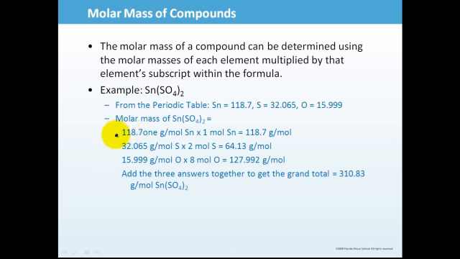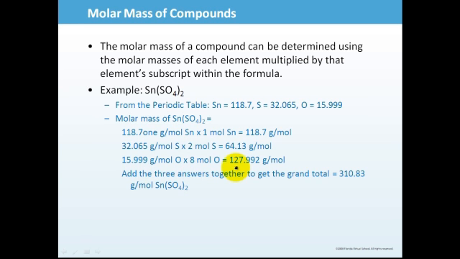So for our math, we have 118.7 grams per mole of the Sn, the tin, times 1 equals 118.7. For the sulfur, it was 32.065 times the 2, so the total there is 64.13. And for the oxygen, we had 15.999 times 8 equals 127.992 grams per mole.